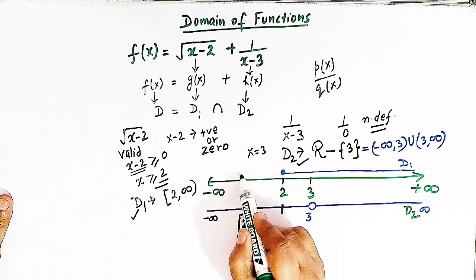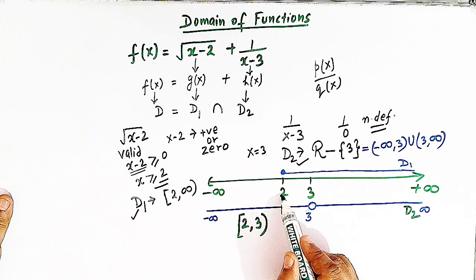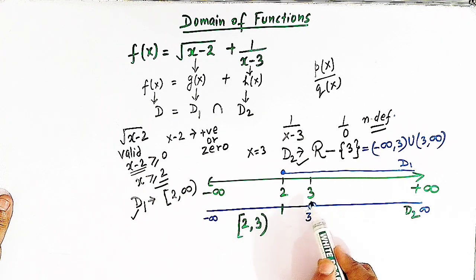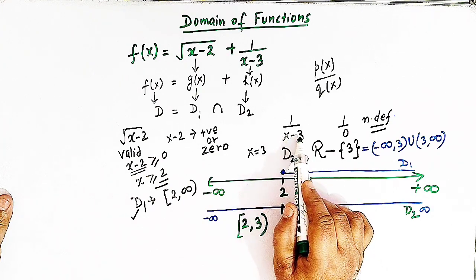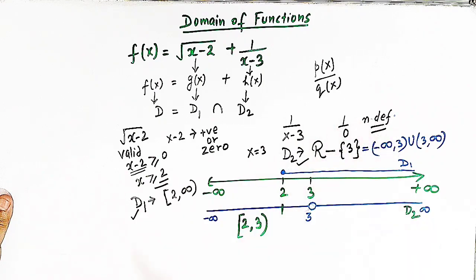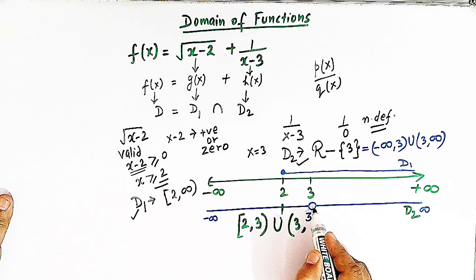So we'll leave it, and then we'll take this interval from 2 to 3. 2 is included and 3 is excluded, right? Because here 3 will make x minus 3 zero, and 1 over 0 is not defined, right? And then we'll have here the union, and then we go from 3 to infinity. So then here we have the open interval. It implies that 3 is not included.